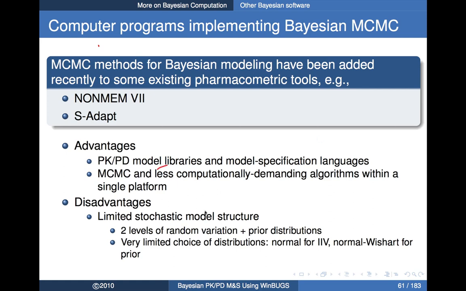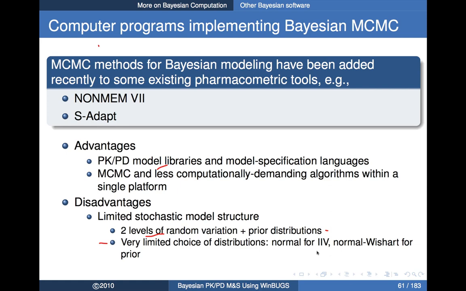The main disadvantage is they're very limited in terms of the kind of stochastic model structure you can have. You're limited to two levels of random variation, plus the prior distributions. Of course, there are tricks to describe a third level of random variation, but it's fairly restrictive to do that. And you're very limited in your choice of distributions, at least for your inter-individual variation.